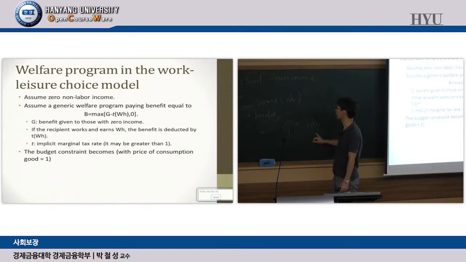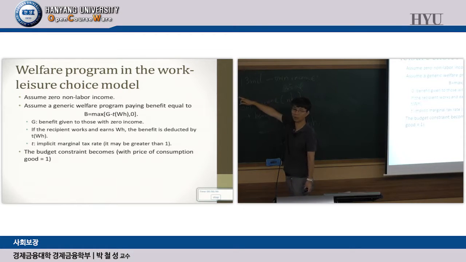So that's Korea's rule. If you earn, let's say in this case, 0.5 million won, then your allowance would be only 0.8, because they just deduct 0.5. Now think about it.